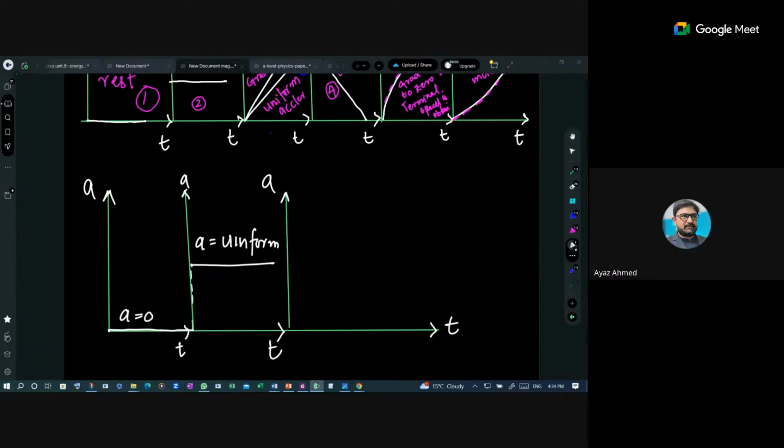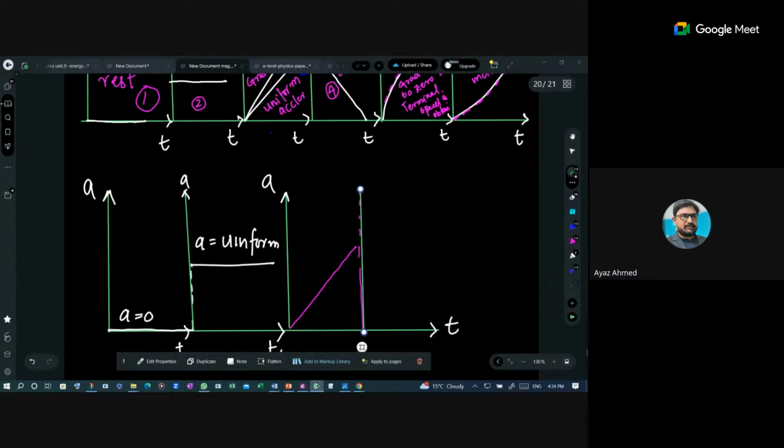Then we can have increasing acceleration and decreasing acceleration as well. In increasing acceleration, this is the graph, and for decreasing acceleration, you can have this graph.